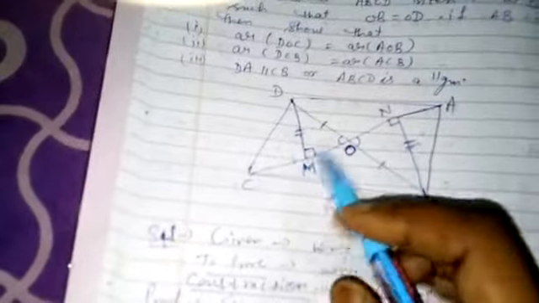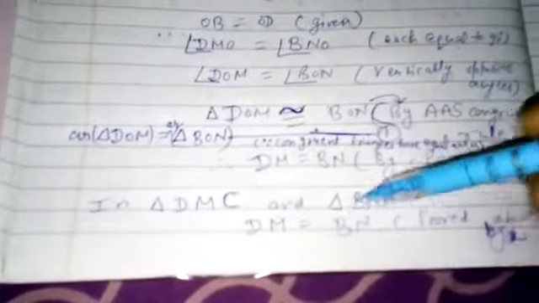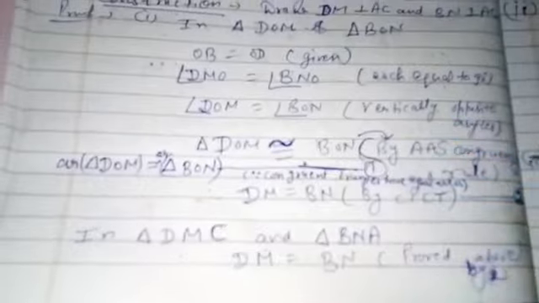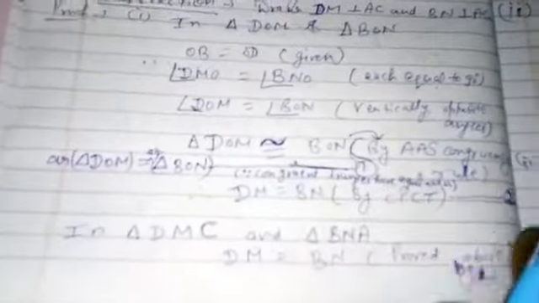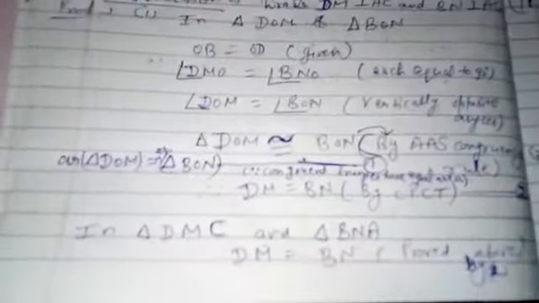Here two sides and one angle we proved, so that is what I have written. In triangles DMC and BNA, DM is equal to BN, proved above. When we write DM is equal to BN, we can name it equation second.